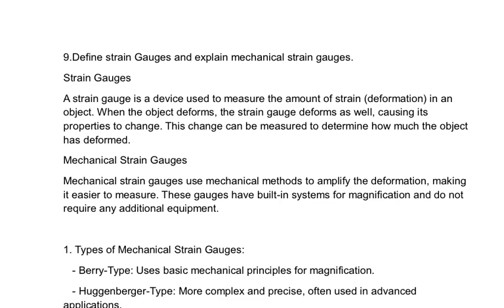The types of mechanical strain gauges are the Berry type and the Hagenberg type. The Berry type uses basic mechanical principles for magnification. The Hagenberg type is more complex and precise, often used in advanced applications.